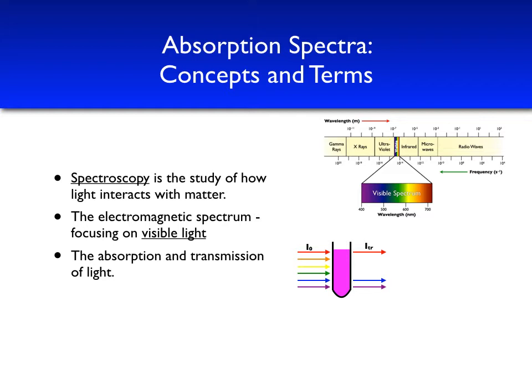The other wavelengths of light, or colors of light, are absorbed by the solution. The incident light coming from the source has a certain intensity that we'll call I sub 0, while the light that has gone through the solution has another intensity that we call I sub TR.